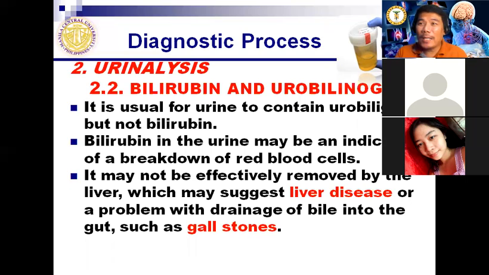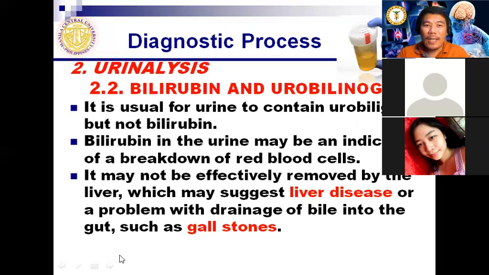If bilirubin is detected, the next step is to evaluate the liver and gallbladder. If the client is suspected of liver and gallbladder problems, urinalysis may support it if there are results of bilirubin. The next step is further tests to evaluate liver function and gallbladder function.